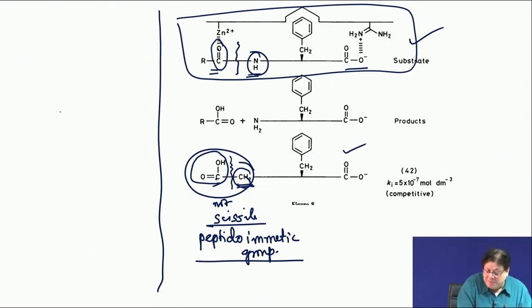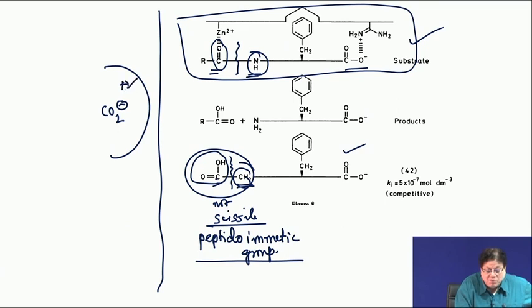So, why is it a very good inhibitor? It has got the CO2 minus, which is bound to this positive charge by electrostatic interaction or a salt bridge, and then you have this phenyl group. The phenyl has stabilizing interactions here, and then you have a CH2.